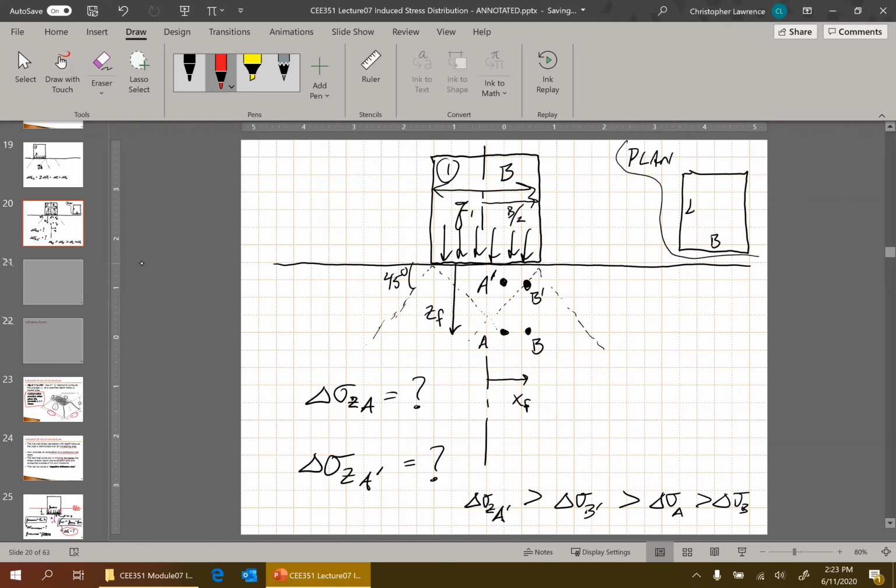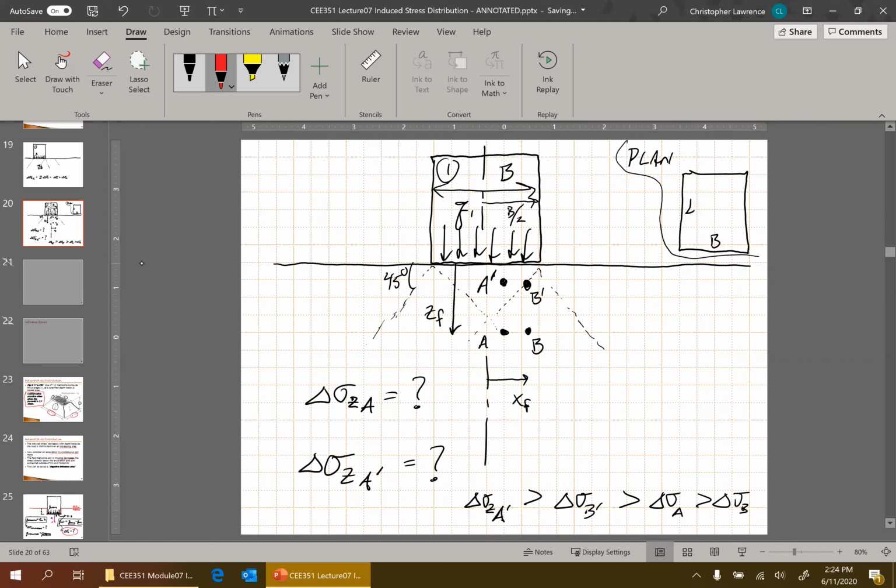There is no negative influence. It's not affected by the boundary conditions. But for point A, it's not really a wide load. It is affected by the boundary conditions. There is some negative influence at point A. So how wide is a wide load? Depends on what is the depth that you're talking about. So you have to relate the width of the load, we're calling this B, to the depth.